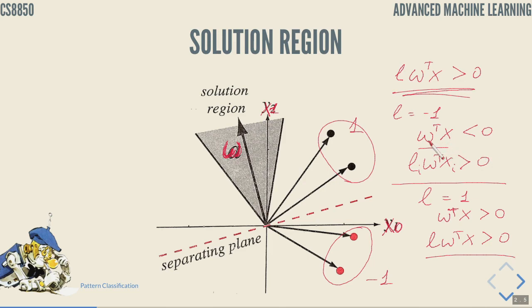For example, a negative class sample classified incorrectly would mean positive times negative, and our result is less than 0. So geometry is helping a lot here.